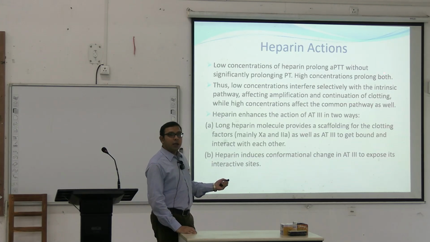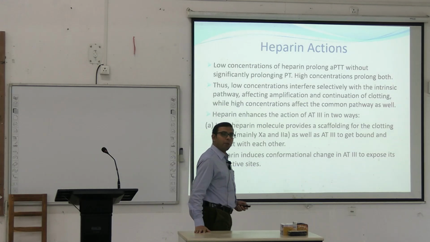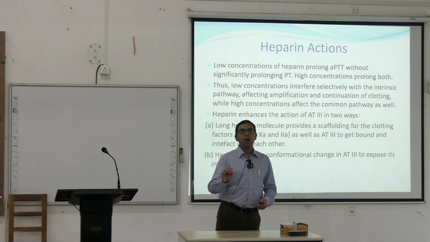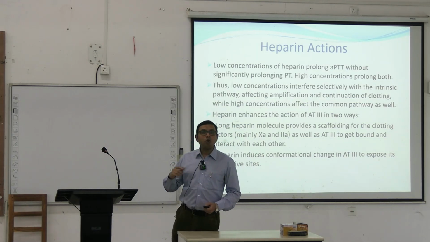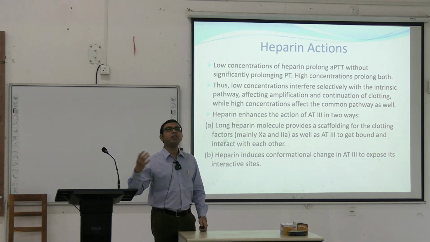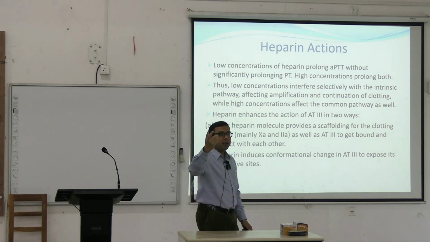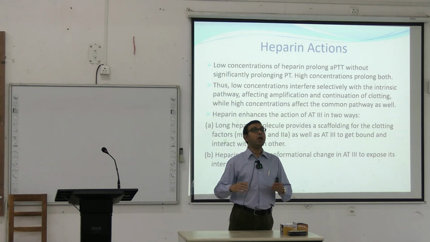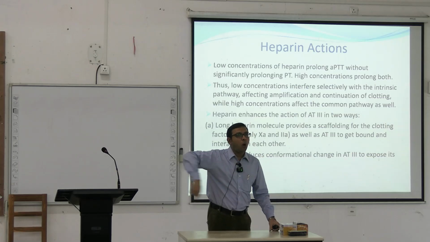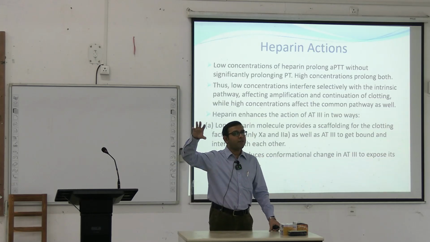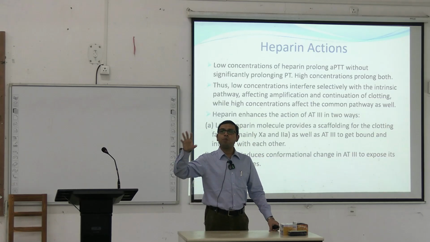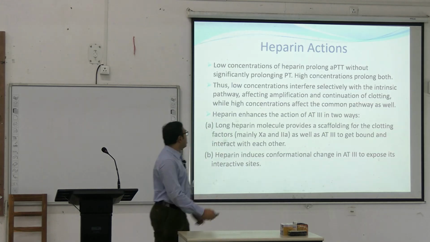So APTT is the activated partial thromboplastin time, which is an indicator of the intrinsic pathway, and the prothrombin time is the indicator of the extrinsic pathway. So when we are using a low amount of heparin, that prolongs the APTT but not the prothrombin time. But when we are using a very high amount, ultimately all the pathways will be blocked. That's why factor 7 will also be affected and prothrombin time will also be prolonged.